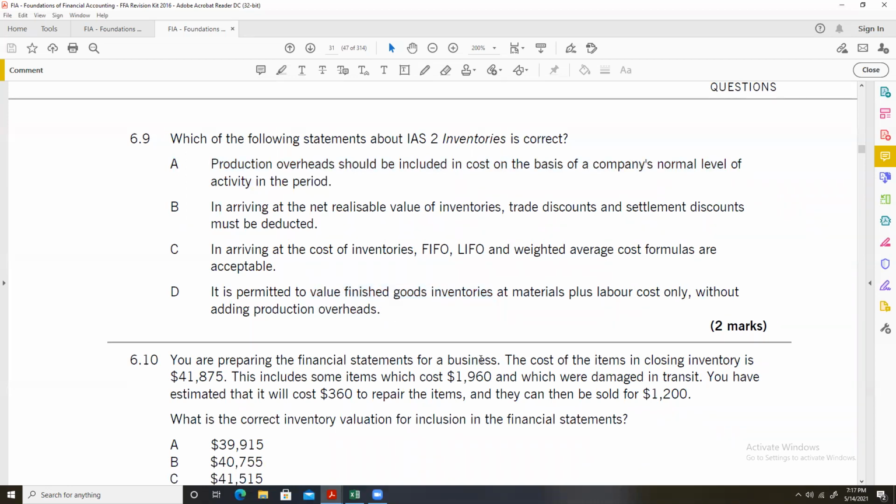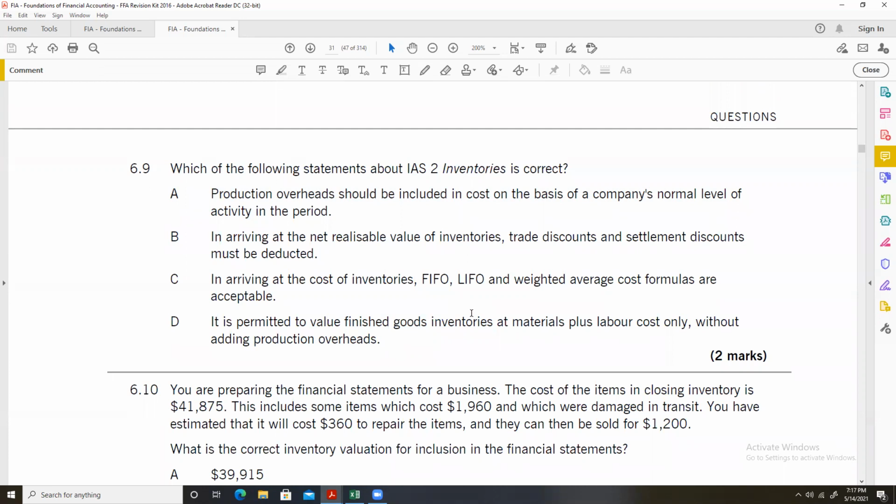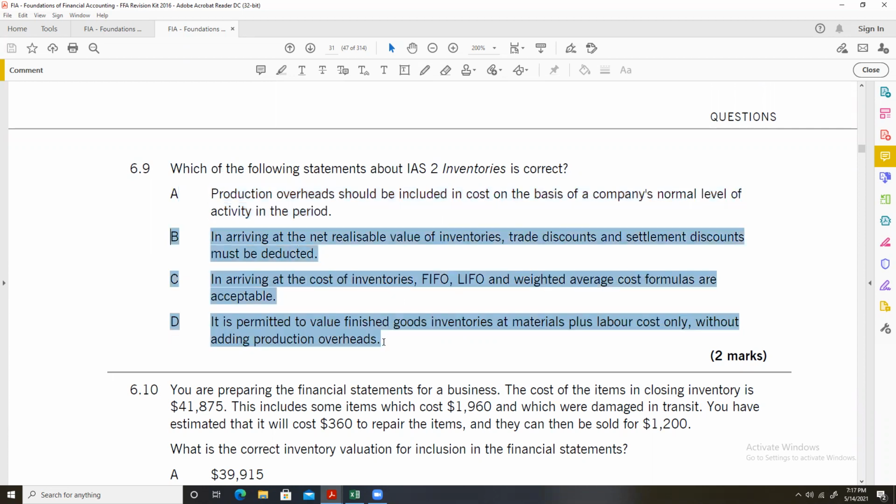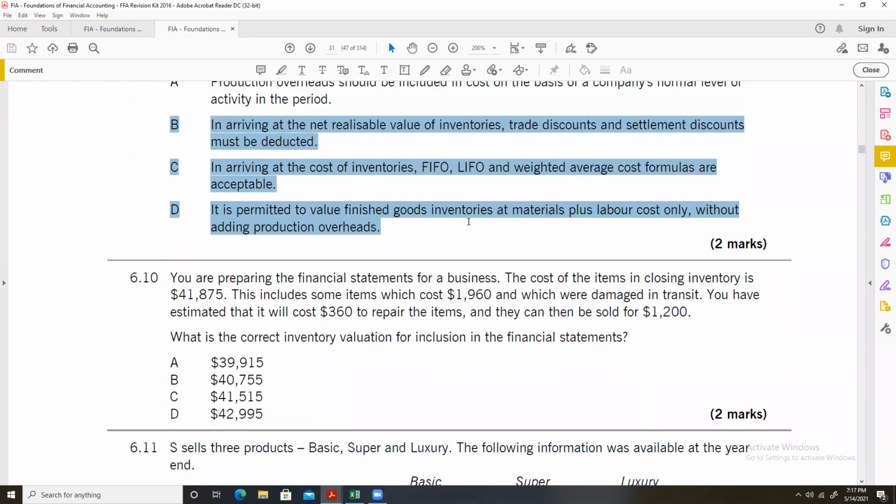No, International Accounting Standard 2 emphasizes that production overheads be included in the cost of inventories. So again, D is an incorrect statement. That's why A is the correct answer, and these three statements appear to be incorrect.